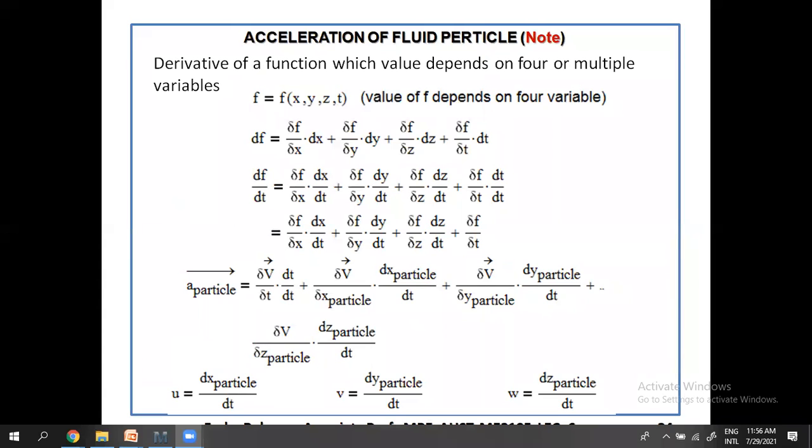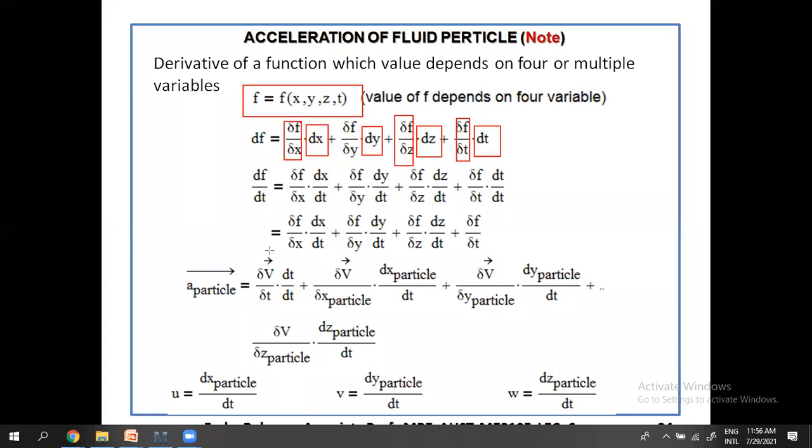Let's see, I have it right over here. You see, f is a function of x, y, z, and t. Now, how do you figure out the derivative df? df equals del f by del x multiplied by dx, plus del f by del y multiplied by dy, plus del f by del z multiplied by dz, plus del f by del t multiplied by dt.